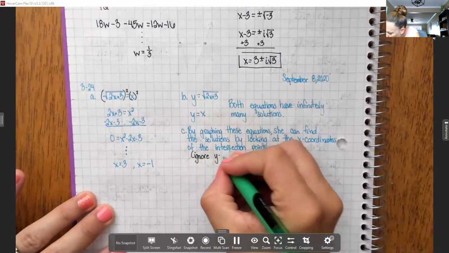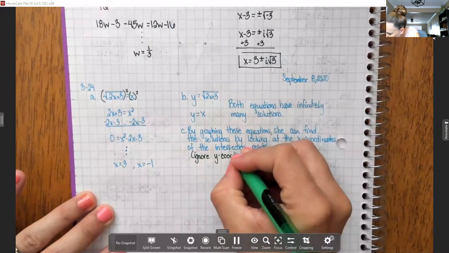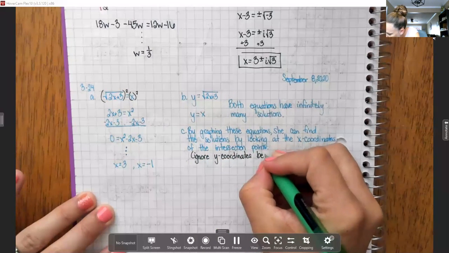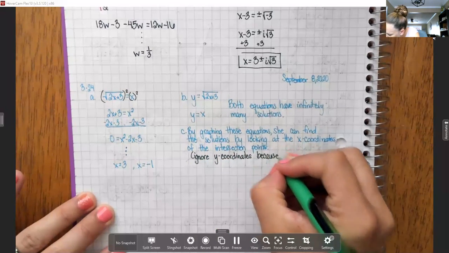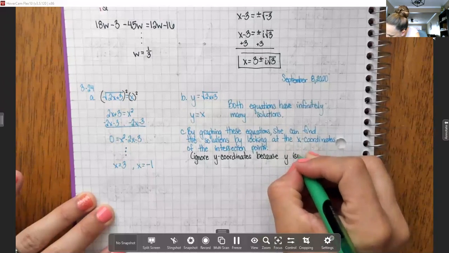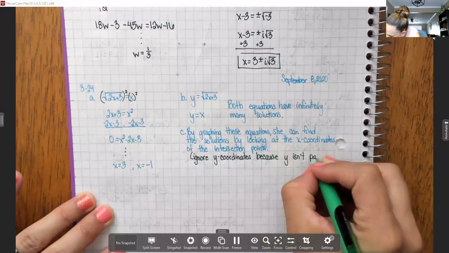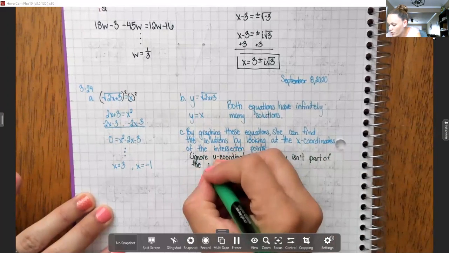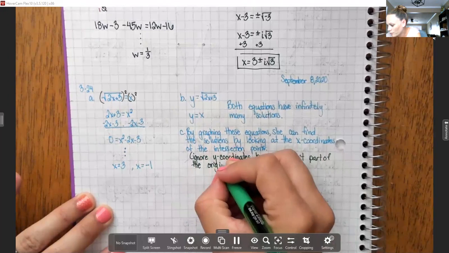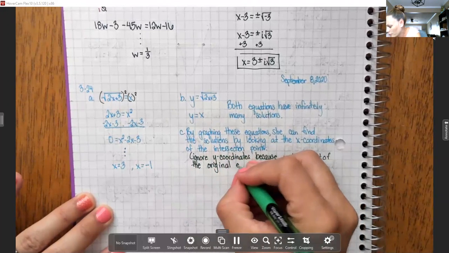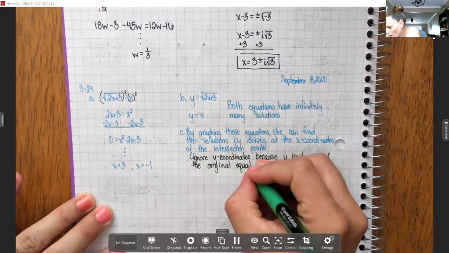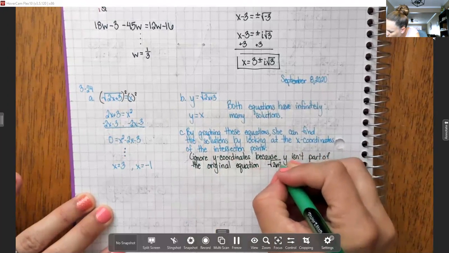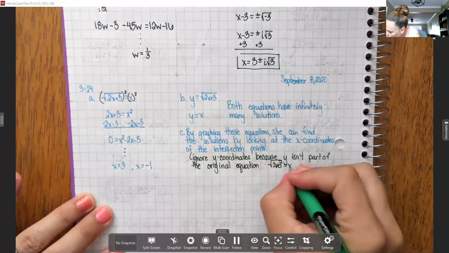ignore the y coordinate because y isn't part of the original equation, which was the square root of 2x plus 3 equals x.